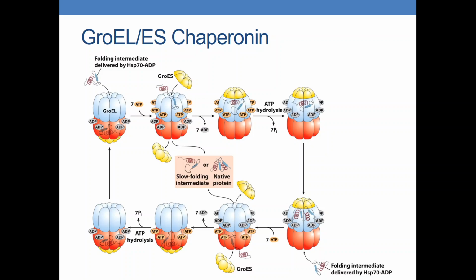Substrate binds via hydrophobic effect. ATP is hydrolyzed, a conformational change occurs that pulls on that substrate and hopefully allows for unfolding and then refolding, and then that refolded protein can dissociate, or maybe the folding intermediate can reassociate with another GroES complex.